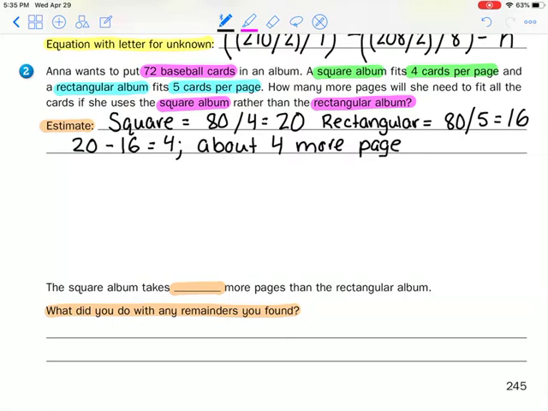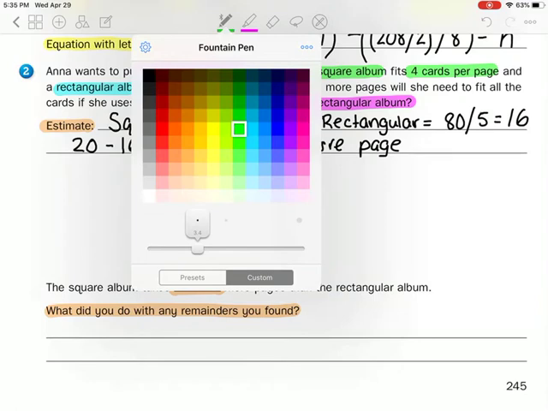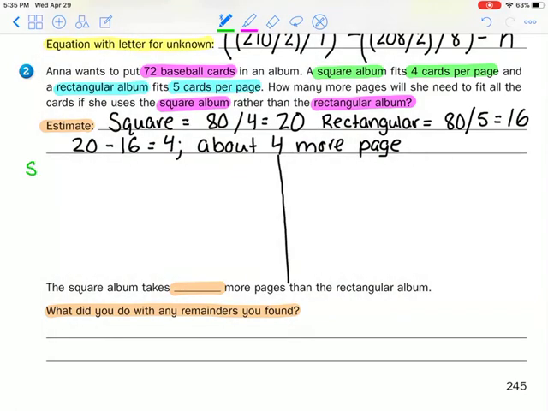So now that we did that, they want us to figure out exacts here. So I'm going to split my page in half here, and I'm going to change my colors. So let's do square first, and I'll do it in green. I'm going to put an S here for square. So I know that she has 72 baseball cards, and she needs 4 per page. How many pages? So I know that 4 times 10 is 40.